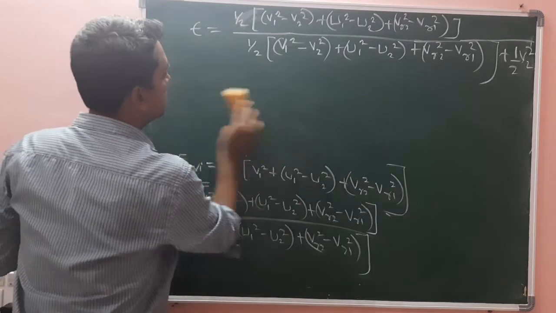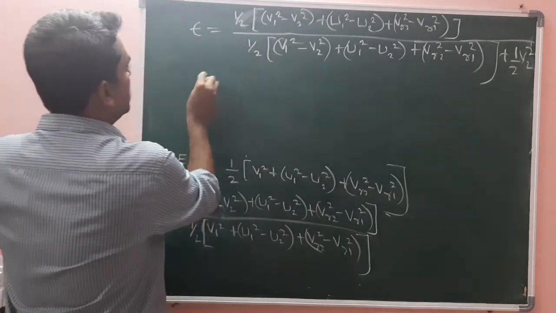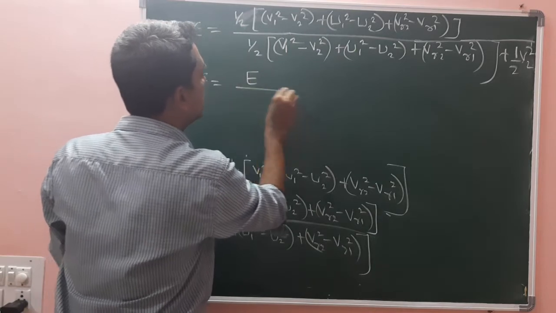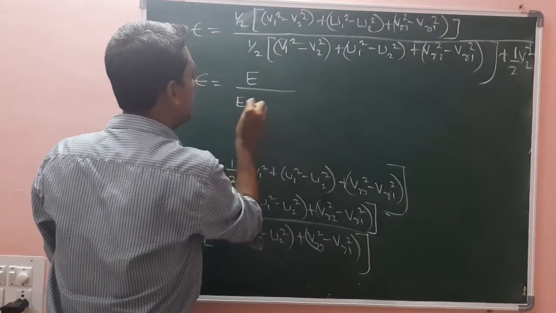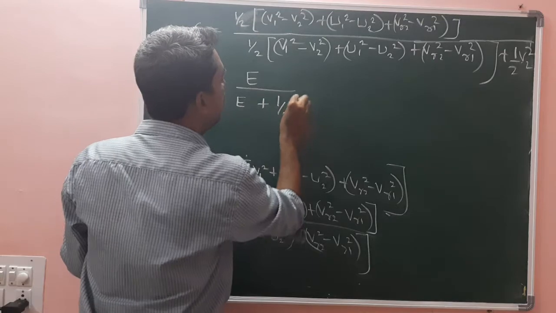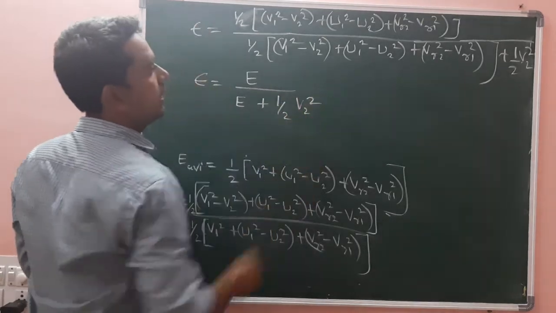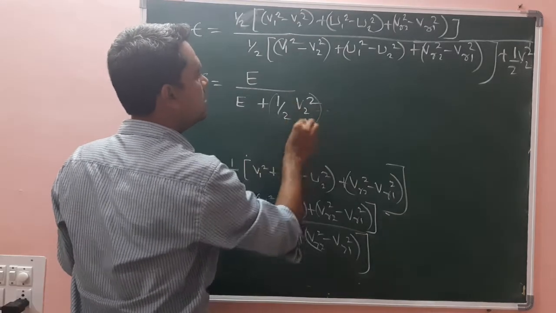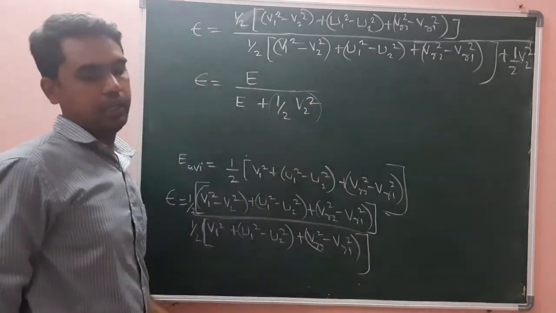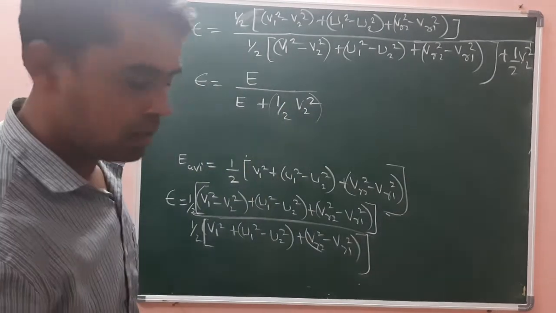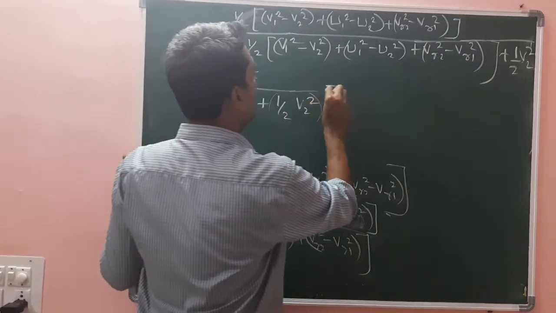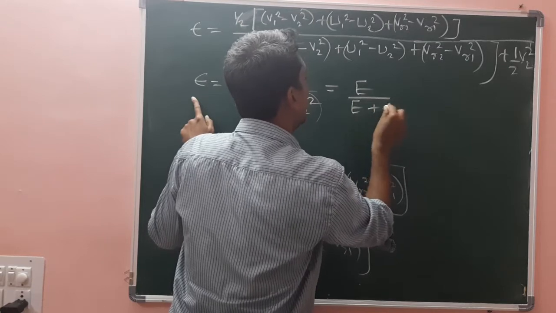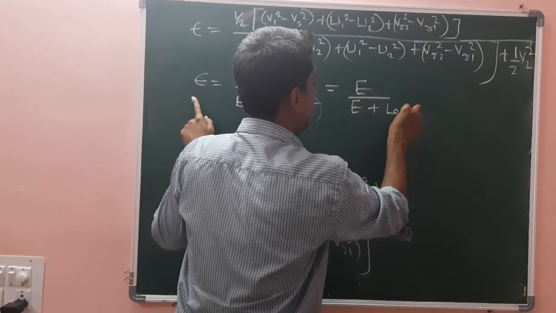Therefore, epsilon is equal to energy transfer E divided by energy transfer plus 1 by 2 phi2 square. This again is the same energy transfer only, and this is called the loss of energy. Therefore, I can write epsilon is equal to E divided by E plus losses.